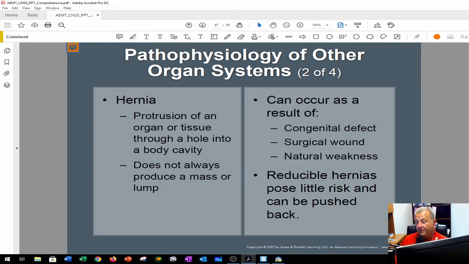If you get to them soon enough, you can actually push the hernia back in, reducing the hernia. They don't all need surgery, but sometimes they do. Sometimes they will present with a mass. Sometimes you can't feel it.